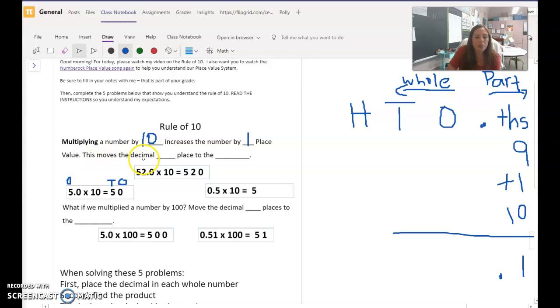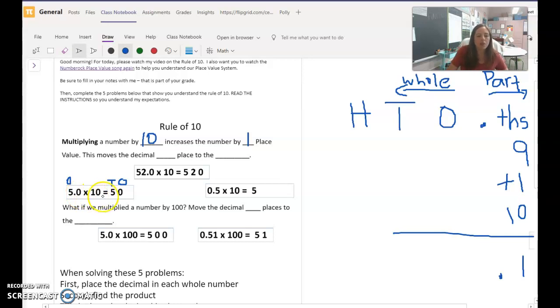This moves the decimal blank place to the blank. Let's take a look. Well, in my example, 5 times 10, my decimal is right here. I have 5 ones and 0 tenths.